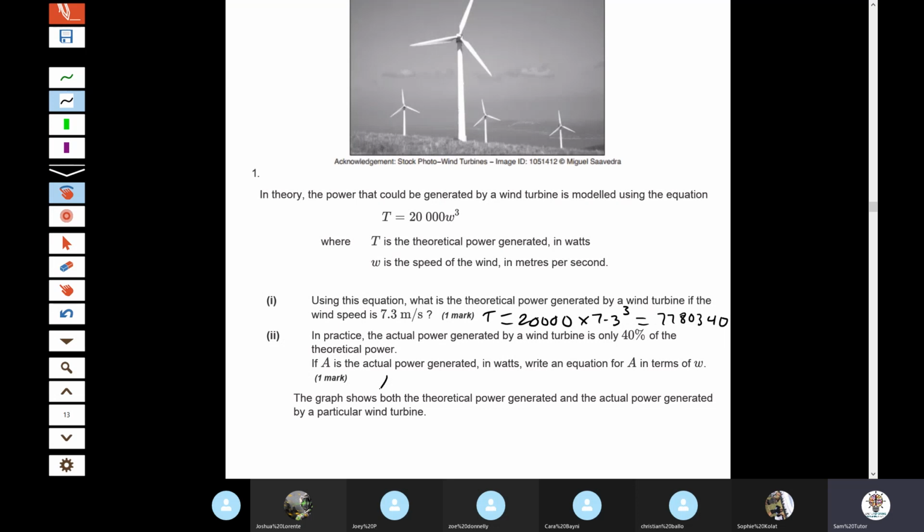So then wouldn't A equal 60% of T? Does that make sense?